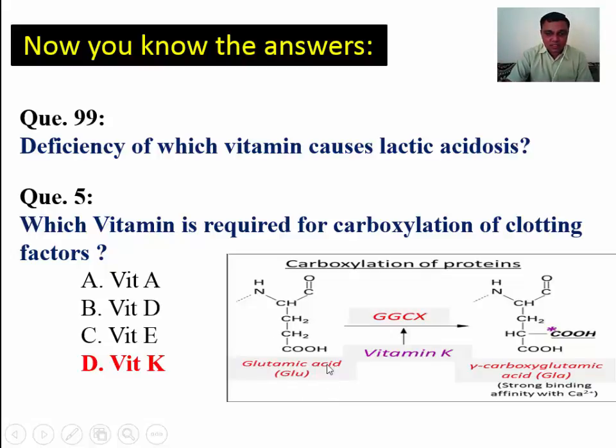Please remember, glutamate will be carboxylated with the help of vitamin K and form gamma-carboxyglutamic acid. So if you are asked which amino acid will be carboxylated, that is glutamate. So you can be asked two questions: carboxylation of clotting factors, that is vitamin K, and which amino acid is carboxylated by vitamin K, that is glutamate.